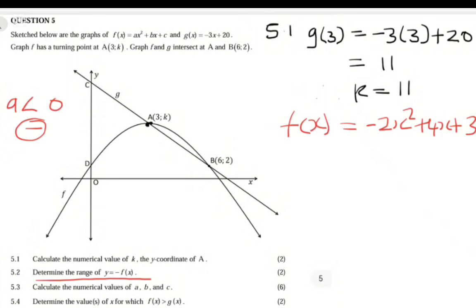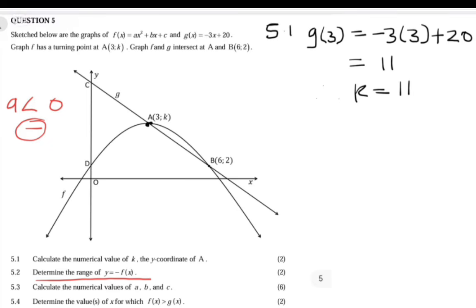If we put negative there, we're going to have negative outside and something like x squared plus 4x plus 3, and then this negative is going to multiply here and we're going to have positive x squared. So even on this graph, we're just going to have something like that.